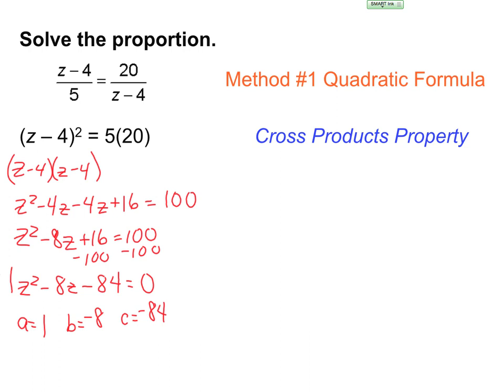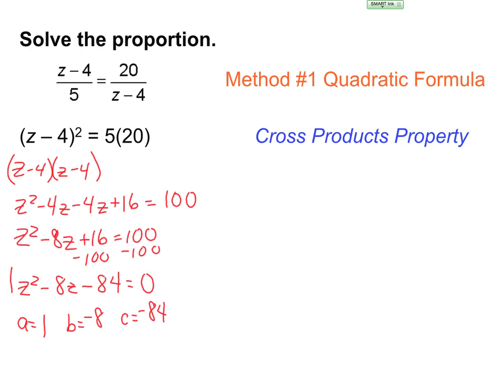That should be a positive 8 because it's the opposite of negative 8.